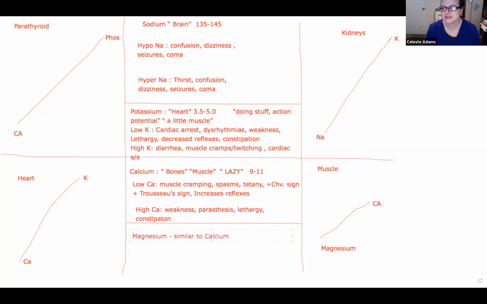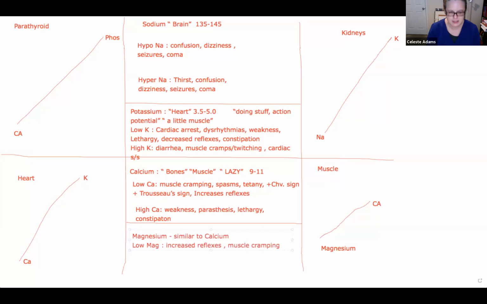So you will see similar symptoms that you would in calcium. In low magnesium, you're going to see that excitability, the increased reflexes, and the muscle cramping.